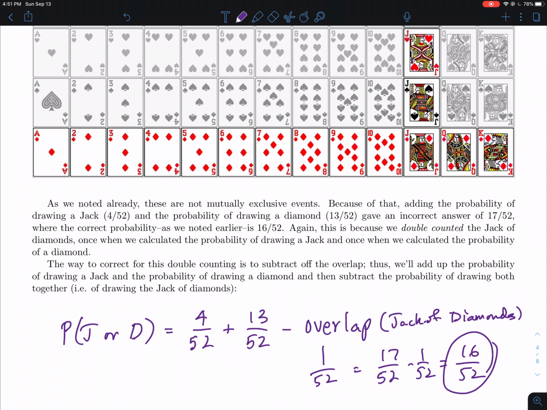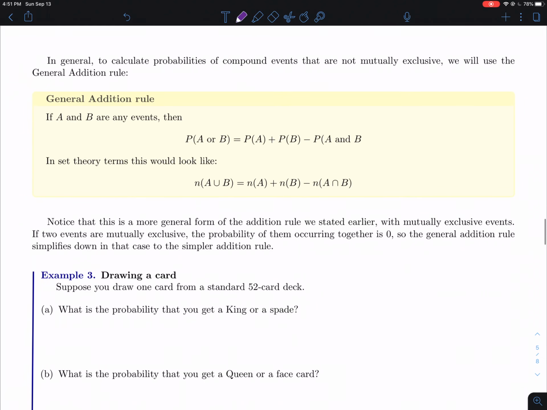So here's our general addition rule. And this actually is true even if the sets happen to be disjoint. If the sets were disjoint, then A intersect B would just be 0, and this part would just go away anyway.